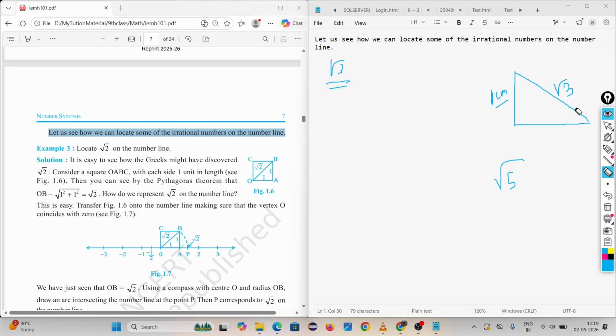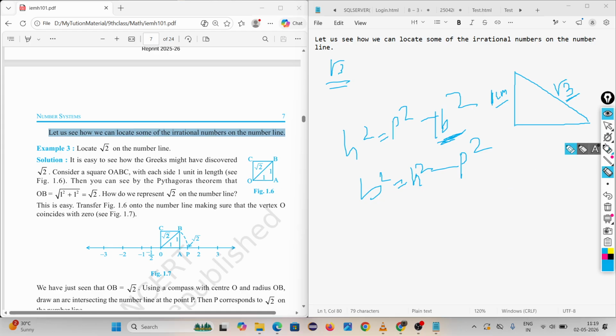My hypotenuse should be root 3. Then what will be my base? So apply this formula: h square equals p square plus b square. Here you are finding b square, so b square equals h square minus p square. You understand or not? Then h is root 3, p is 1.